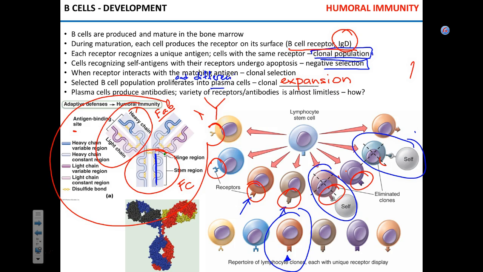Now, the antigen binding site, the FAB site, has to be variable. Why? Exactly, there are different antigens. So FAB has to be variable, has to change.